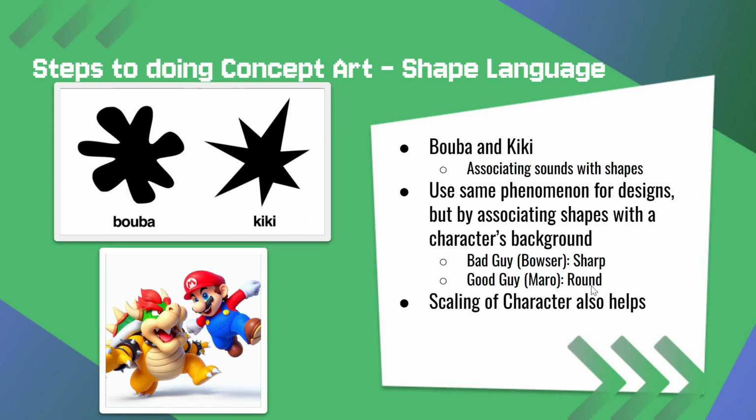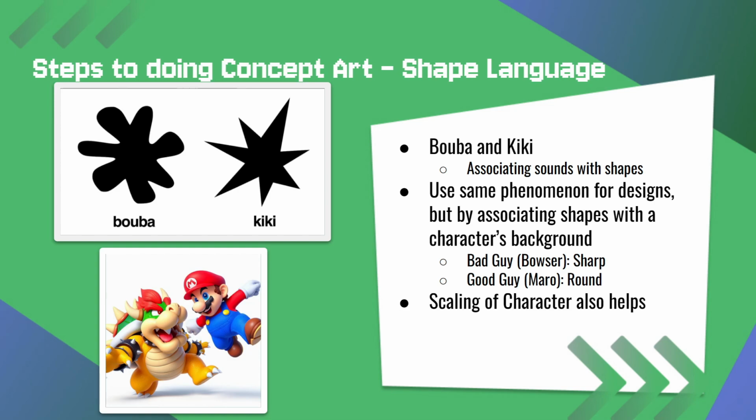Okay, next thing is shape language when drawing your design. Boba and Kiki is when associating designs with sounds. For example, when I say boba, I think of very bubbly shapes, okay? When I say Kiki, I think of very sharp shapes, all right?